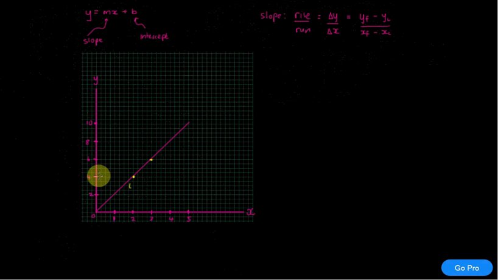If I pick this particular point, the x coordinate is 2 and the y coordinate is 4. The coordinate of this specific point is 3 for x and 6 for y.